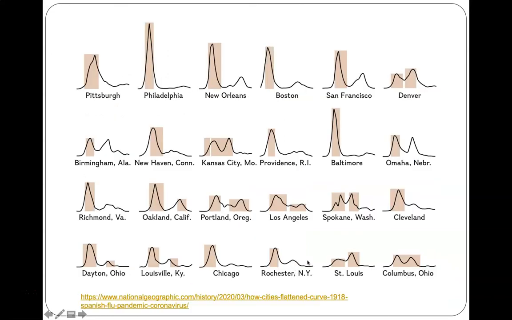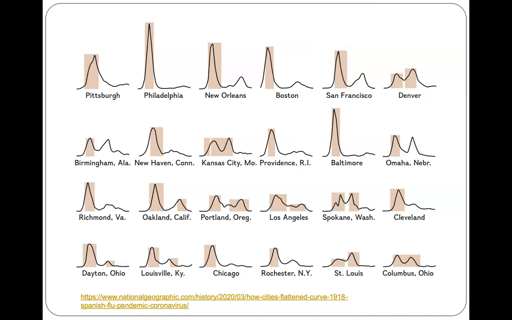When you look at the 1918 epidemic, Nat Geo put this image together. You can see Columbus, Ohio. You can also see on here St. Louis somewhere. There it is, St. Louis. They kind of flattened the curves. Philadelphia and Pittsburgh and New Orleans, Boston, they had these huge spikes. And usually if you have these huge spikes, mortality was often associated with more too, because people just couldn't take care of the people.